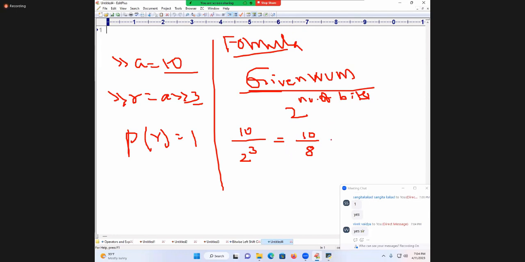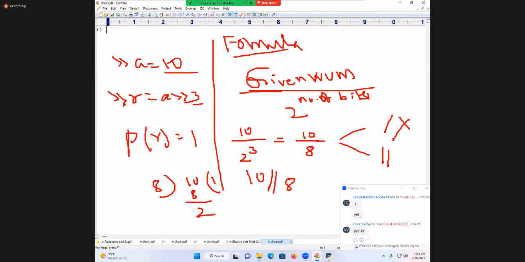It will not give the result in the form of decimals, because decimal values are floating point values. Binary operators will not work on floating point values, only on integers. So you have to apply the double slash operator, not a single slash. 10 double slash 8 will give you 1. Eight ones are 8, remainder 2.